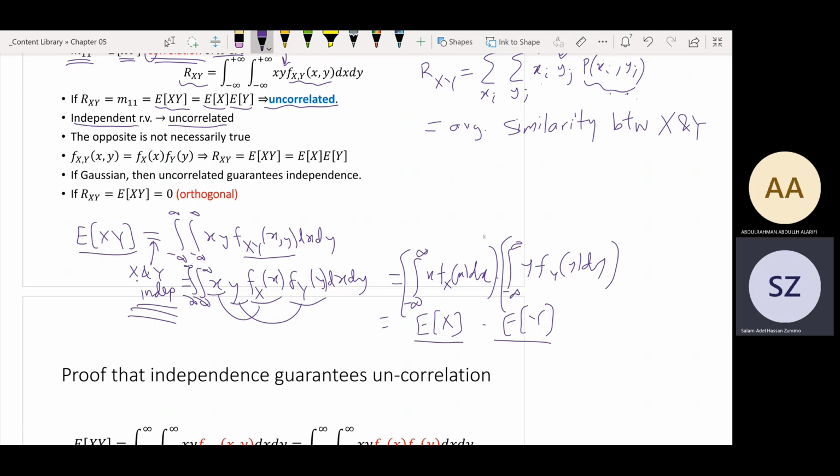Let me give you an example: expected value of XY equals 0 and one of them has an average equal to 0. One of the two random variables has average 0. You get uncorrelatedness satisfied. Does that mean the joint PDF decouples into the marginals? Maybe not. The idea is that independence leads to uncorrelated, while uncorrelated does not lead to independence, not necessarily.